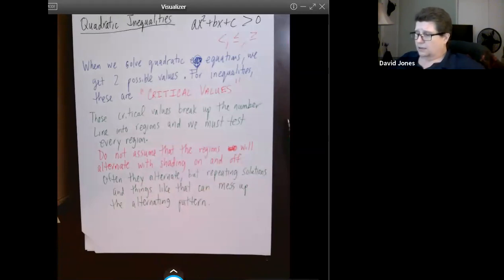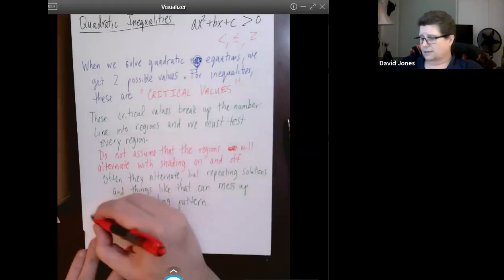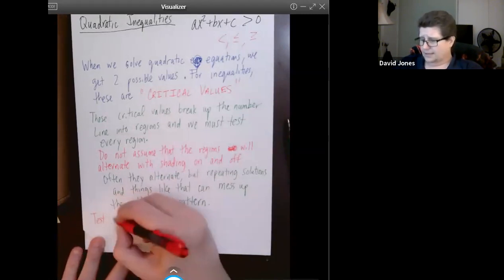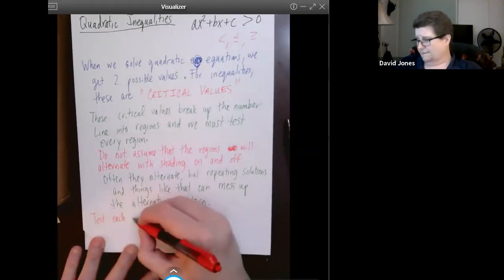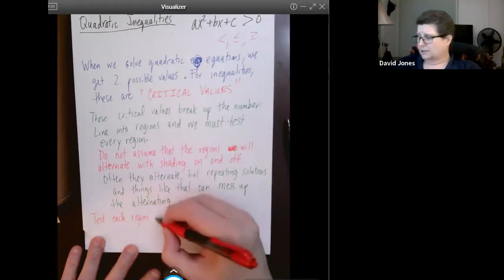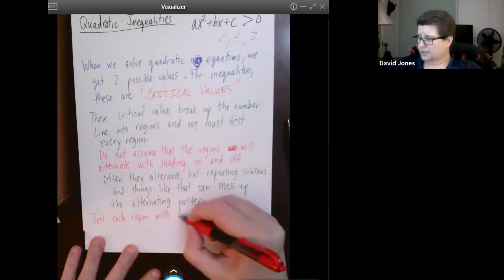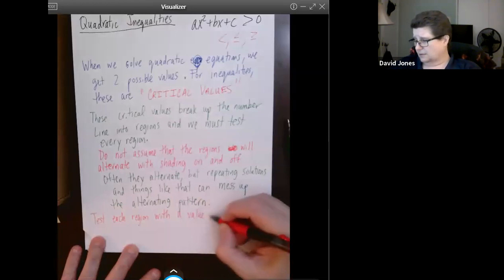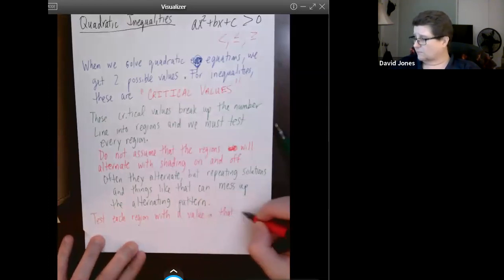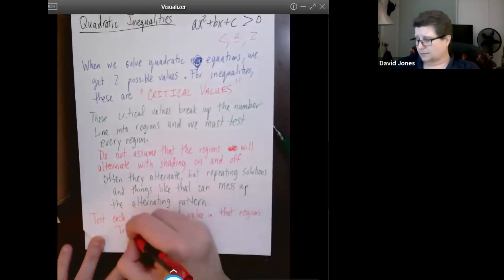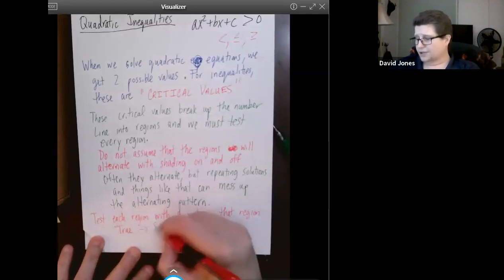So when we test every region, test each region with a value of x in the region. If it makes a true statement, shade the region.